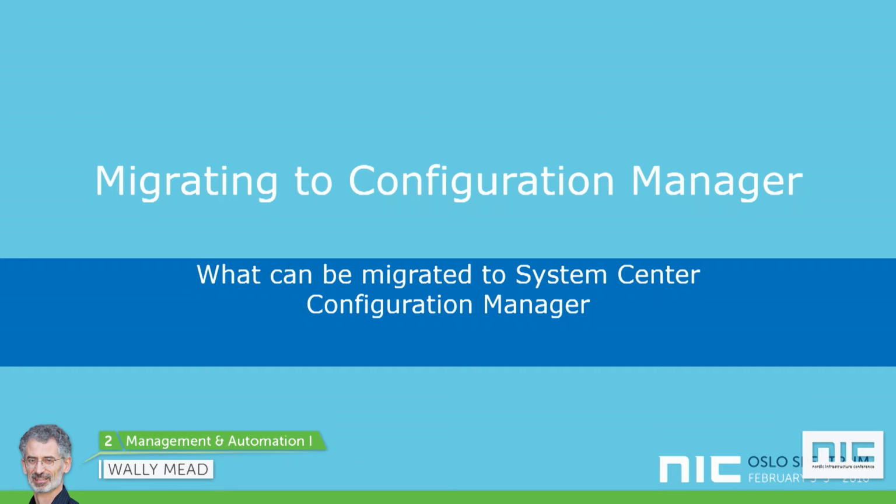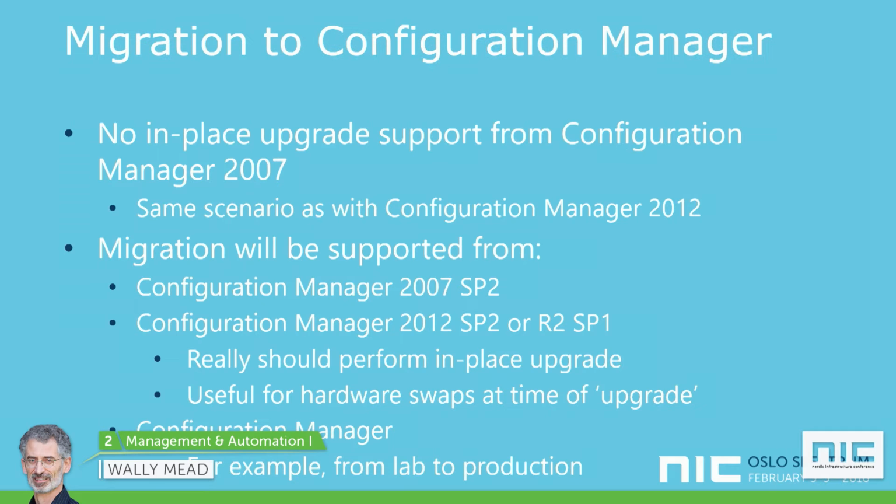Okay, so now, for those that want to do a migration, and that would be the vast majority, well, everybody primarily that's on ConfigMan 2007, although I do know some people that like the old flatten and restart from the beginning scenario. But let's talk about migration. So no in-place upgrade support from ConfigMan 2007, only the 2012 SP2 or SP1 and higher platforms. So for ConfigMan 2007, very likely you'll do a migration.